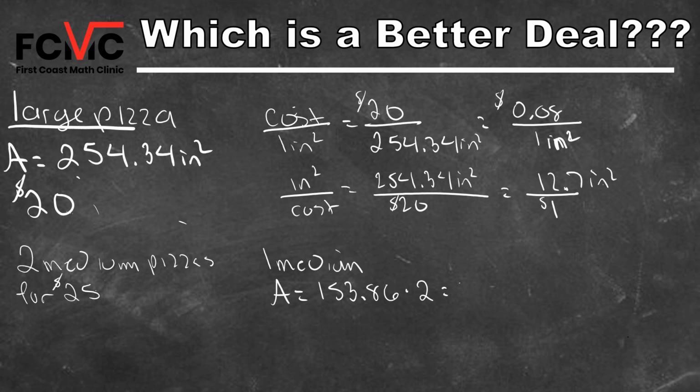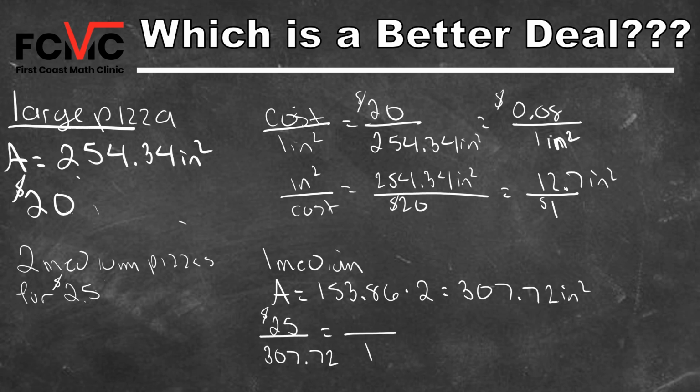So we're going to get 307.72 inches squared, and our cost is $25. So let's figure out, well, what is the cost per inch squared? So I want my cost, $25, over my inch squared, 307.72. And let's divide this out.